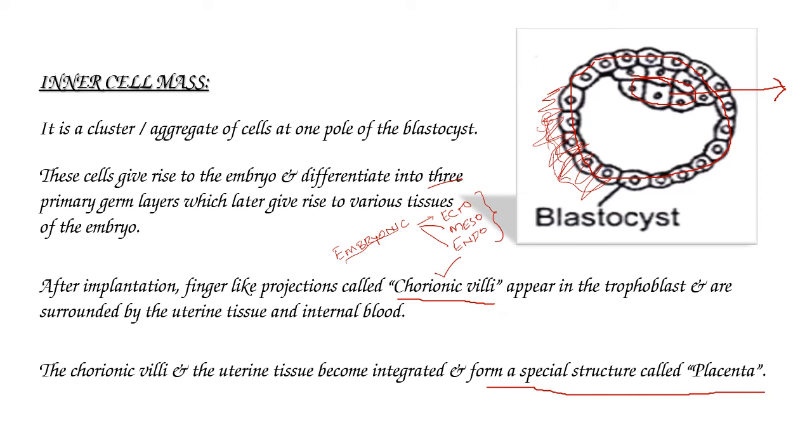So the placenta is formed by the integration of uterine tissue, maternal, and chorionic villi, fetal. Both tissues are present in the placenta.